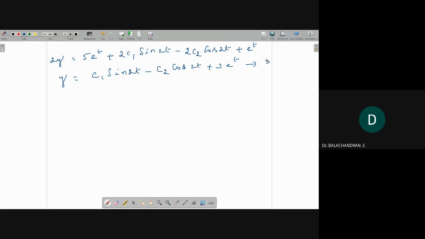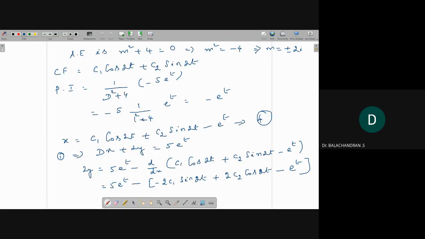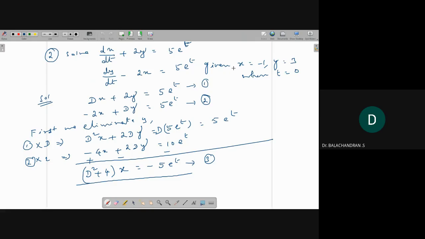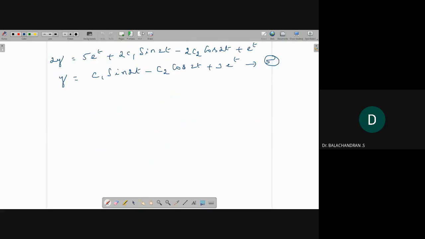Okay. So now the initial condition is x equal to minus 1 and y equal to 3 when t equal to 0. First I will write x: x is equal to c1 cos 2t plus c2 sin 2t minus e power t.